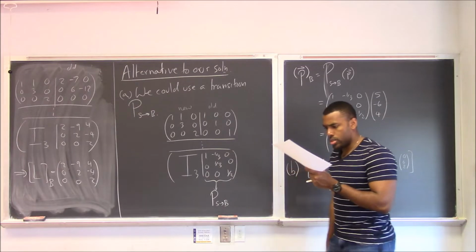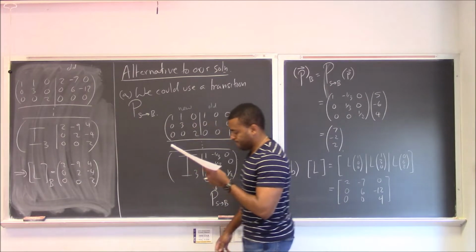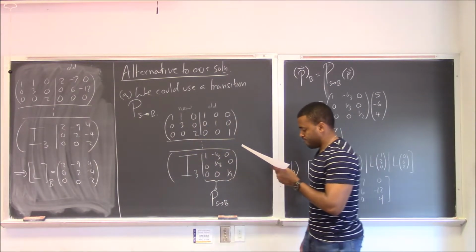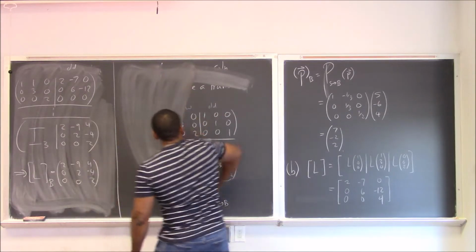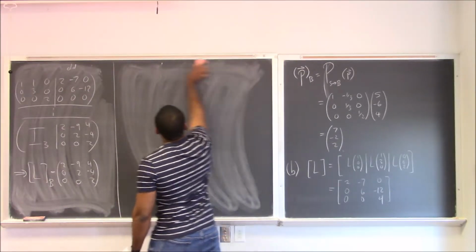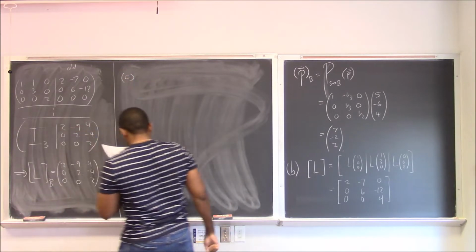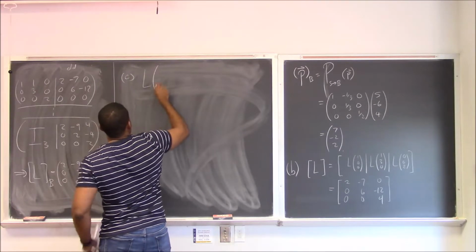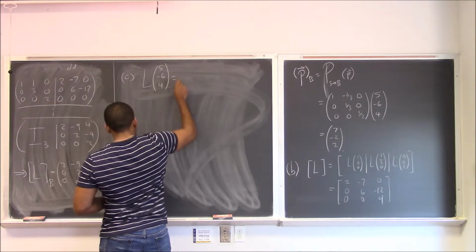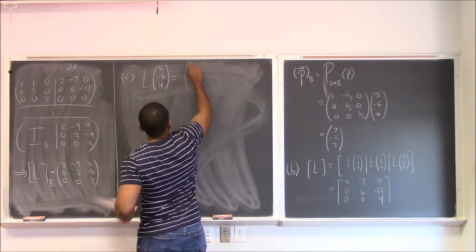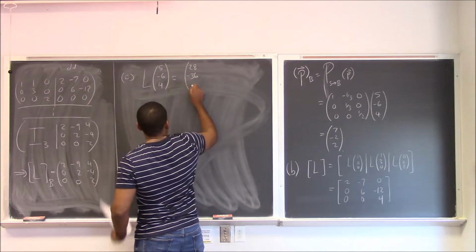And C, we would do the same thing, essentially. There is an alternative way to get C done. Let me just write that down. You could either do the same thing as we did last time, or I'll give you an alternative. First one, this guy, which will be 28, minus 36 and 8.